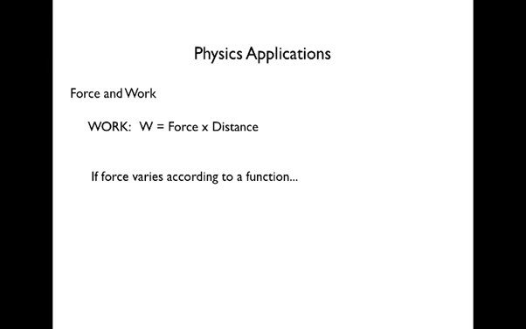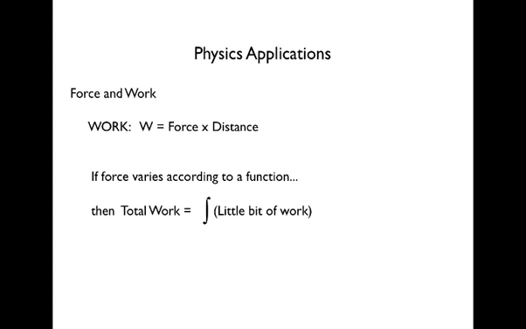Right. Little bits of work, right? Little bits of work. Total work is going to be the integral of little bits of work. Just like the total amount of change was the sum of the little bits of change, and the total area was the sum of the little areas, and the total volume was the sum of the little volumes. And the arc length was the sum of little lengths, right?